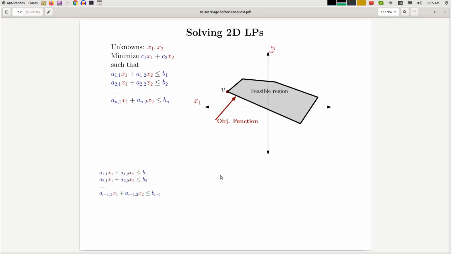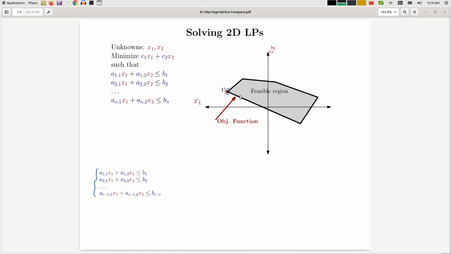So let's do that. Let's assume that I have considered the constraints 1 to i minus 1, and they've given me this feasible region, and I know a vertex of the feasible region that is the solution with respect to only these constraints. The important thing to note is that in the algorithm, I just know the objective function and the vertex v.